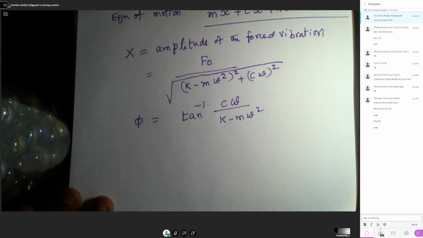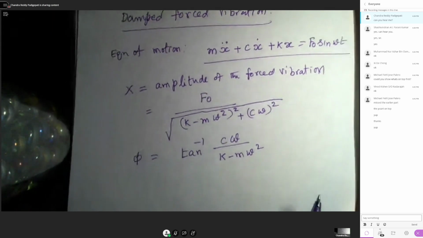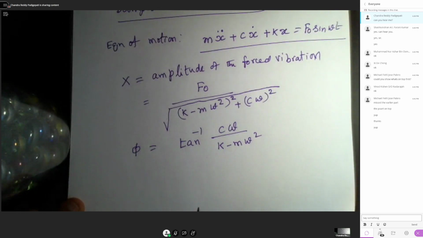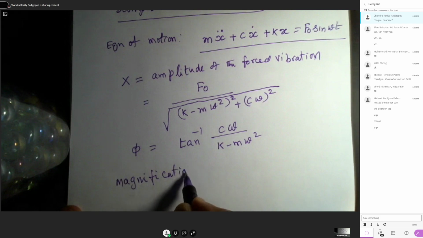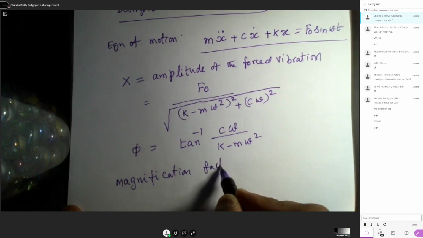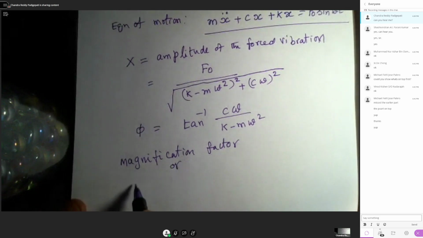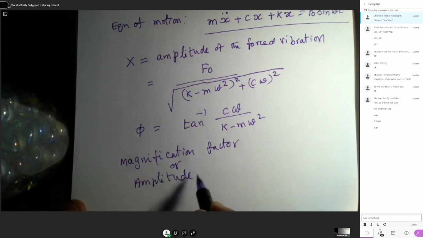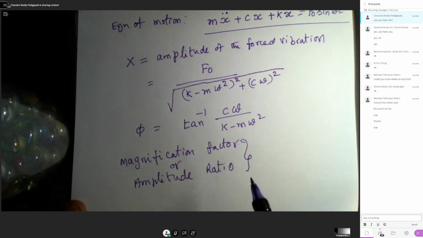When we are discussing the damped and forced vibration, an important part is we want to know the magnification factor, also called the amplitude ratio. What does this mean?